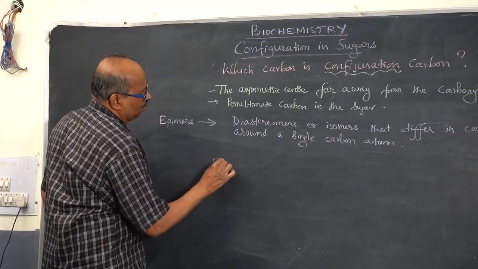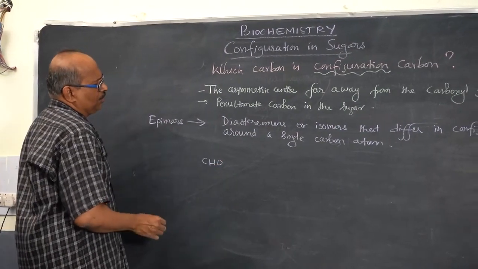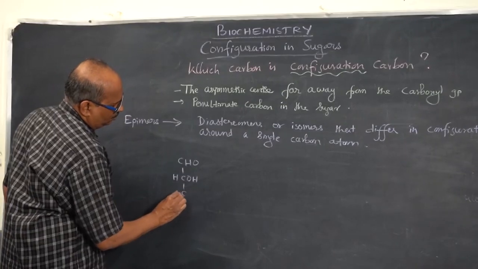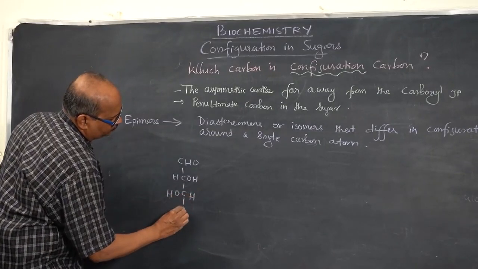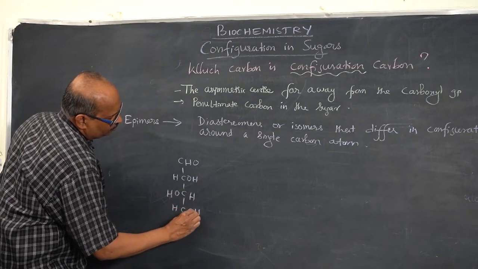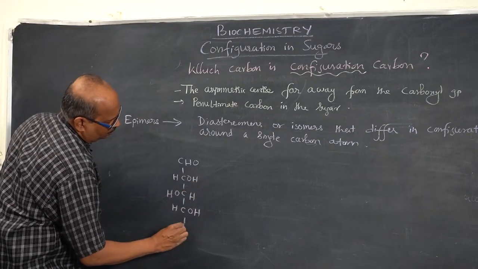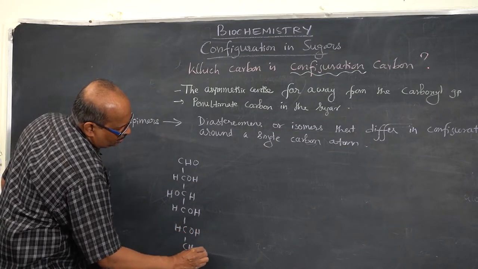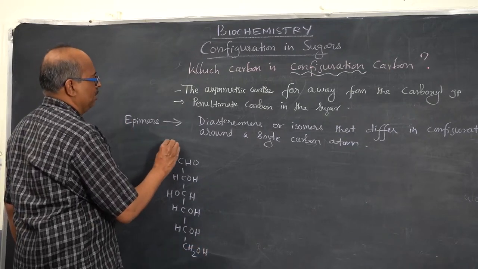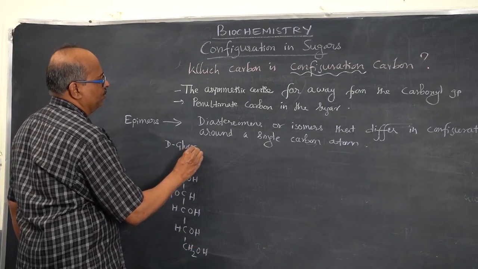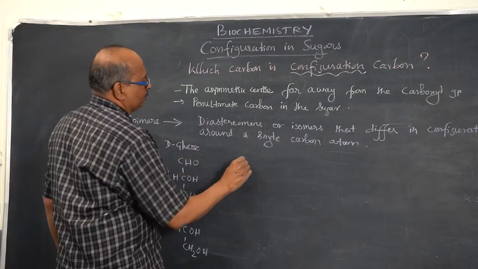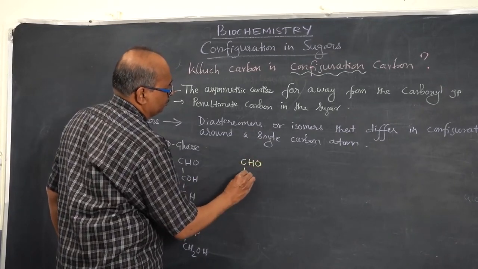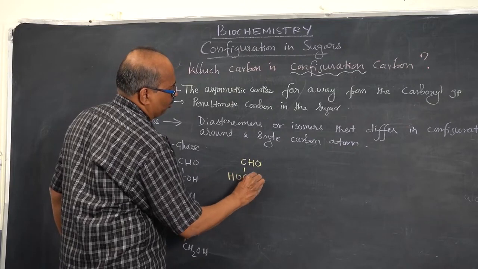So we can take the epimers with respect to glucose. This is the first molecule we have, D-glucose. This is the second molecule, the diastereomer.